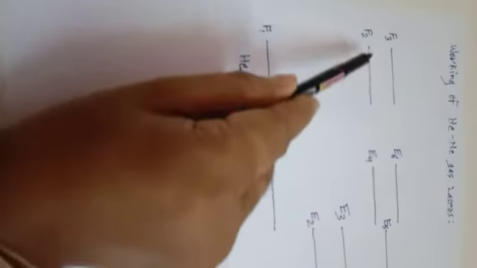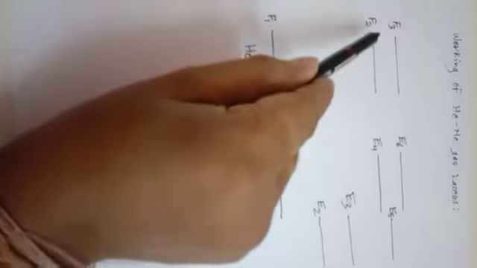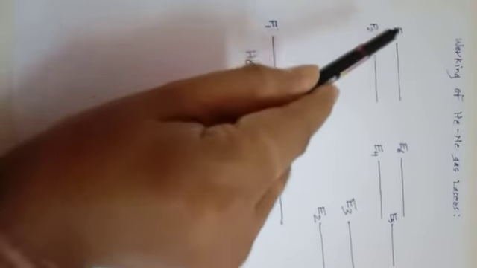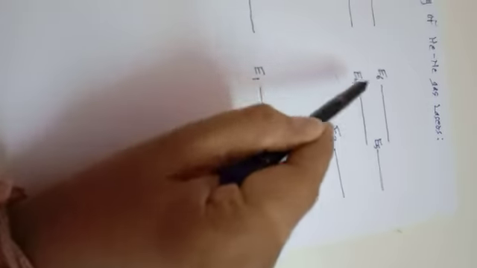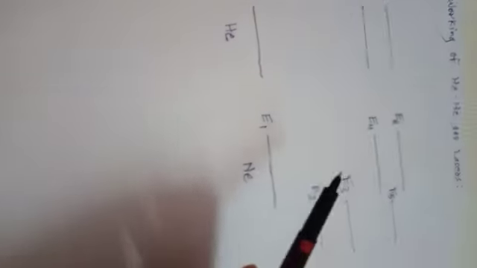It means that whatever energy the F2 energy level has, let us say 10.2 electron volt, the same energy is for E4, and if F3 has 11.3 electron volt, then E6 will also be 11.3 electron volt. This is because helium can transfer its energy to neon and neon will be excited.